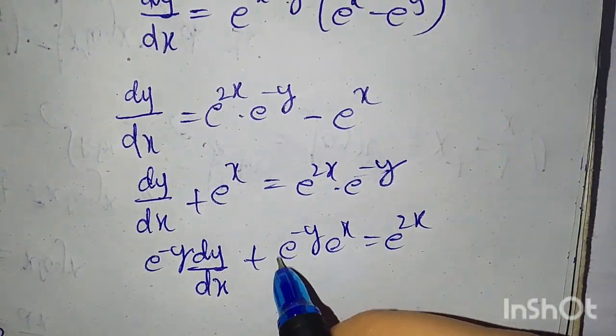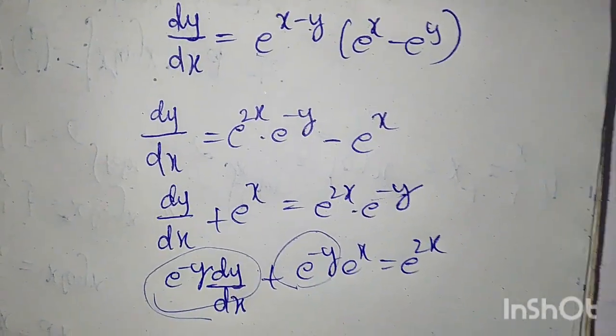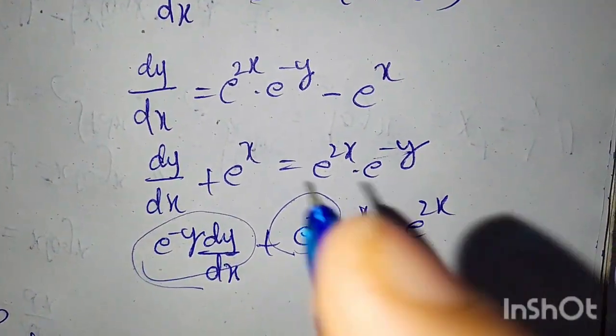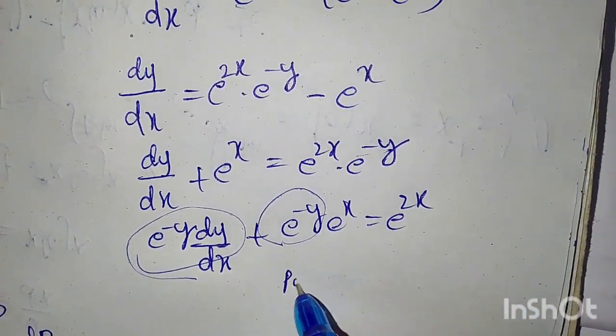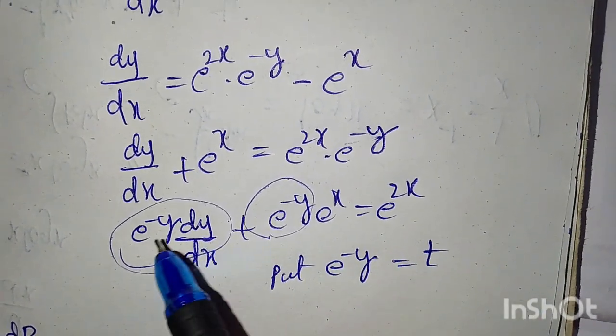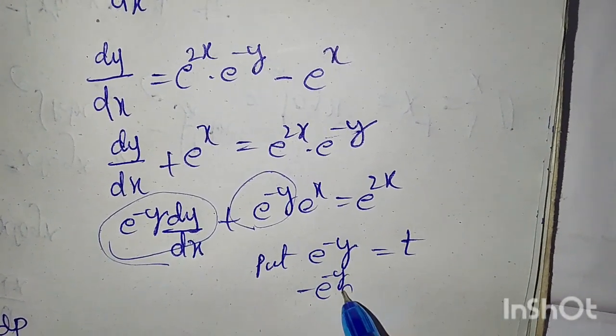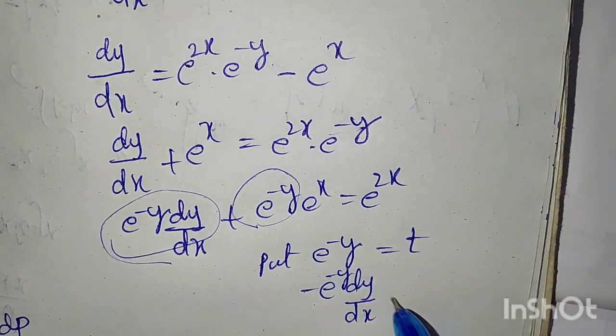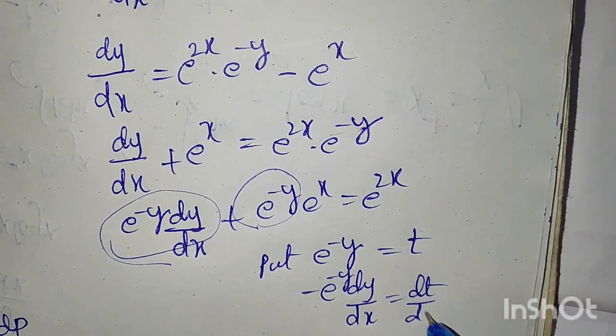See, function of y and its derivative. Same, this is Bernoulli's equation, right? So I'll put e power minus y is equal to t. So minus e power minus y dy by dx will be dt by dx.